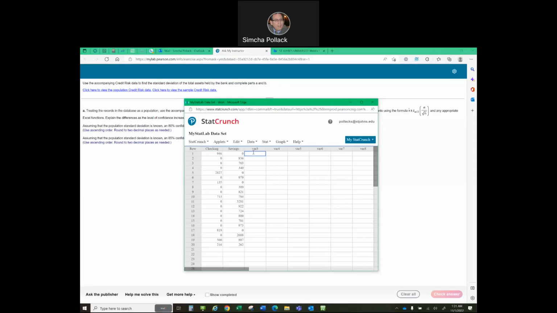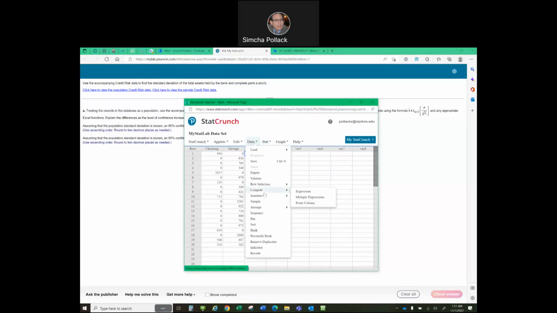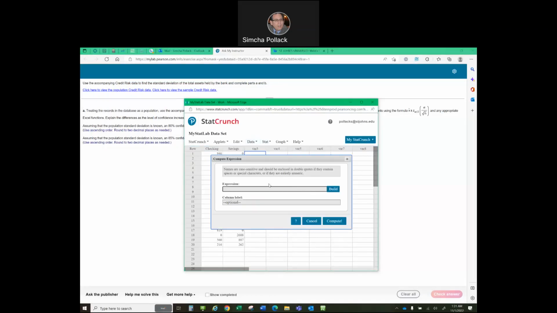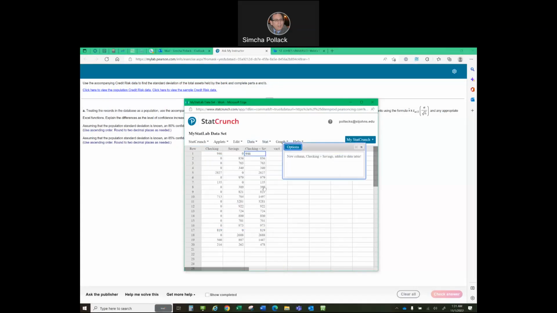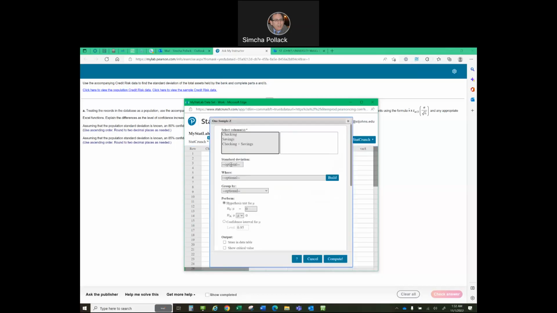Again, we have to compute the sum because we're talking about data, compute, expression, checking plus savings. And we have our new column. Simply enter. Now we go to stat, ZStat, one sample with data, where we want this column.